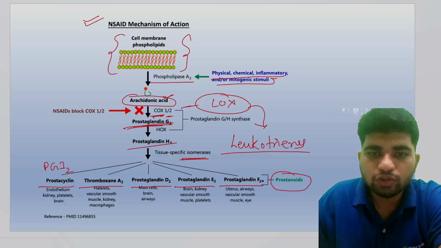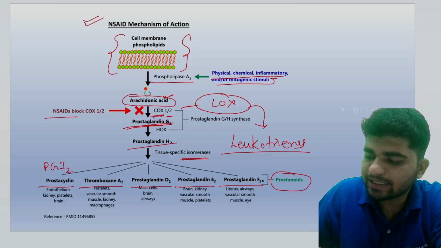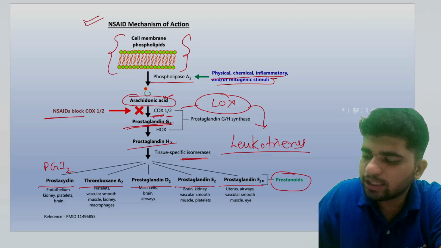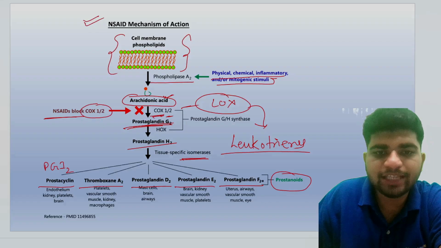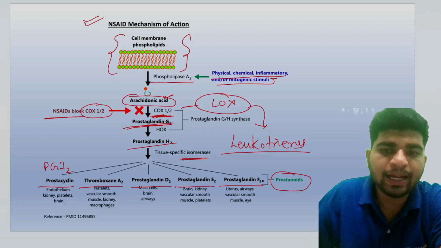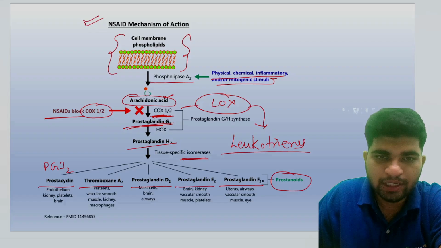So, what do NSAIDs do? NSAIDs, non-steroidal anti-inflammatory drugs, block the COX-1 and COX-2 enzymes, which are responsible for the conversion of arachidonic acid into prostaglandins.